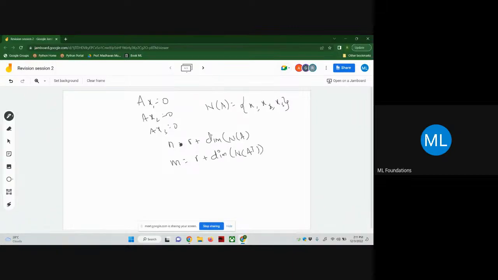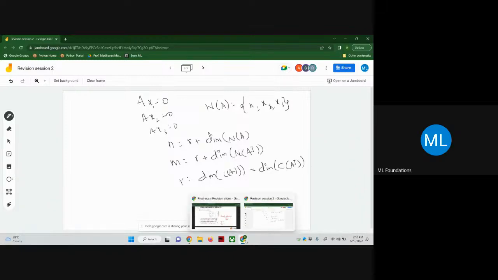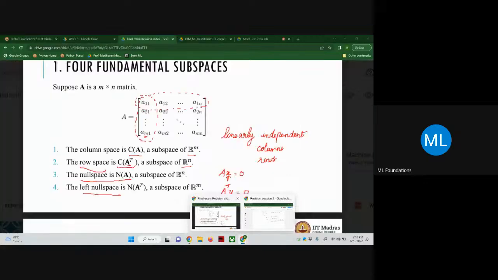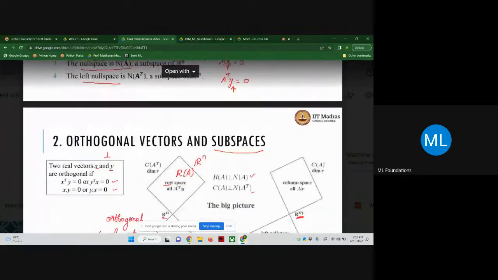So this relation will be satisfied, and again this r will be equal to the dimension of the column space of A, or that will be equal to the dimension of the row space of A, or else we could write it as the column space of A transpose. All right, so this will be satisfied. Now we'll move forward.